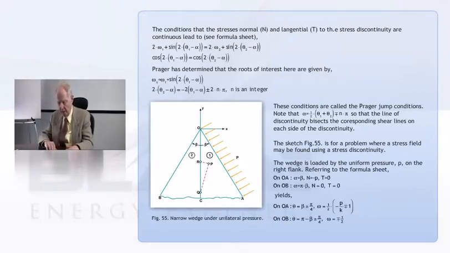And if you go to the trouble to write down all these conditions we've been talking about, you can convince yourself that I can cook up a solution here where on each side of the wedge I have a region of constant state.